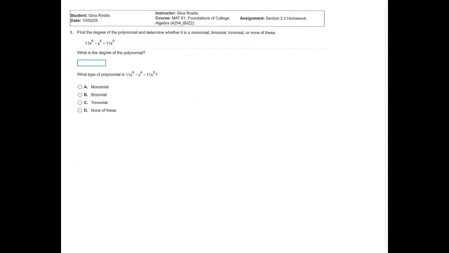So I just write down again over here: 11x to the 9 minus x to the 4 minus 11x to the 5th. Okay, so now look at the greatest exponent, which is 9. So I can put over here, the degree of the polynomial is 9.